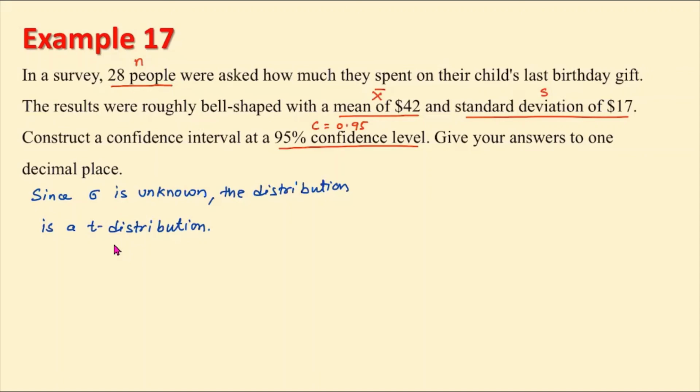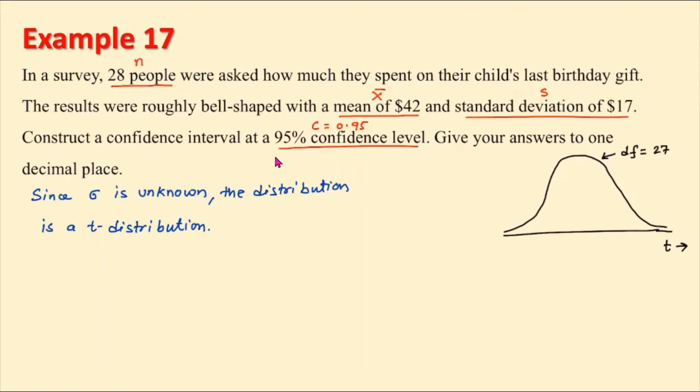We'll draw the t distribution here, which is roughly bell-shaped again. In case of the t distribution, we have t values along the x-axis, and we need the degrees of freedom, which is the sample size minus 1. Here the sample size is 28, so 28 minus 1 is 27. 27 is the degrees of freedom.